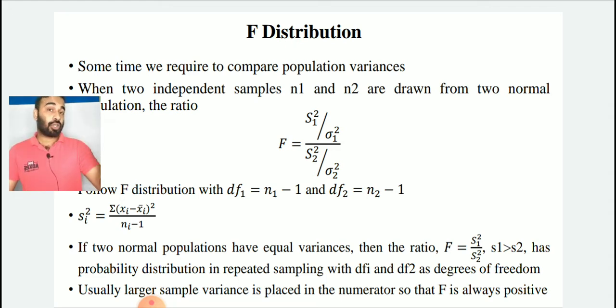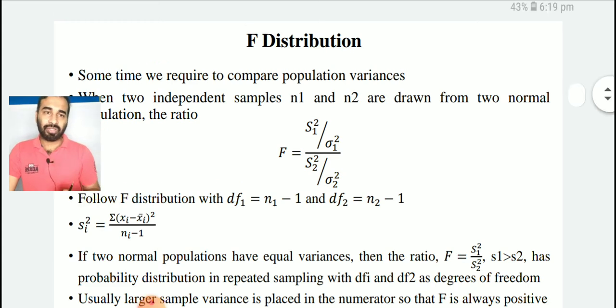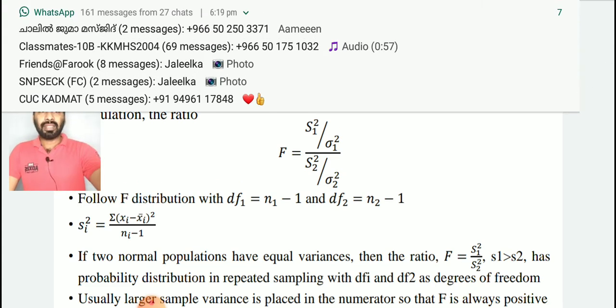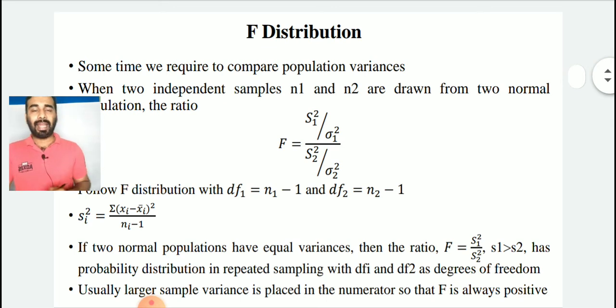Since we are drawing the samples from the same population, the population standard deviation will be the same, so we can cancel the denominator from each part. So our equation will be F equal to s1 squared divided by s2 squared when s1 is greater than s2, which has a probability distribution in repeated sampling with degrees of freedom 1 and degrees of freedom 2.